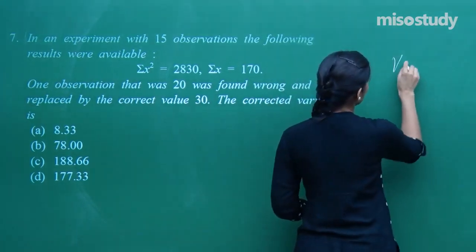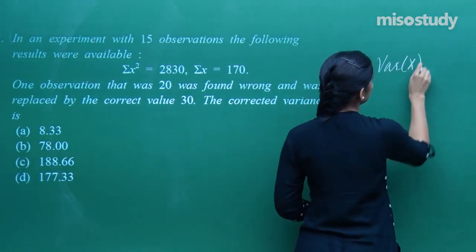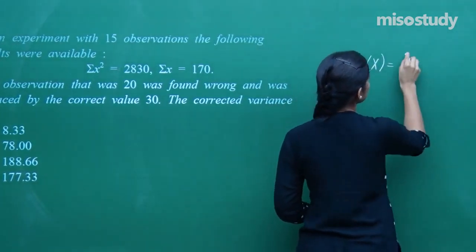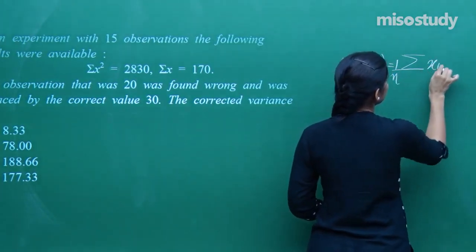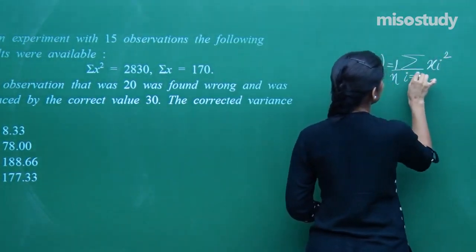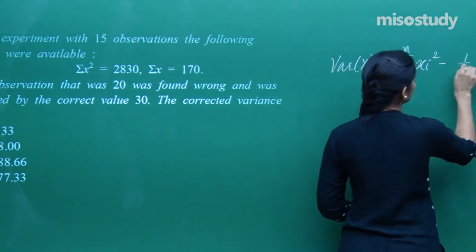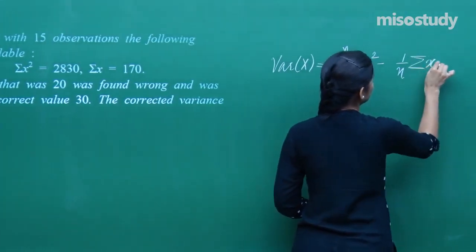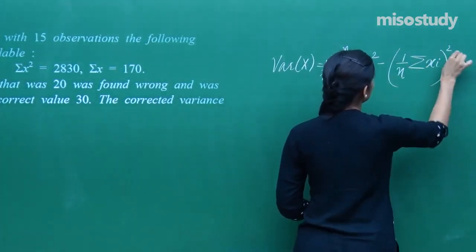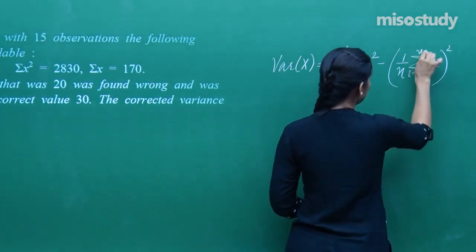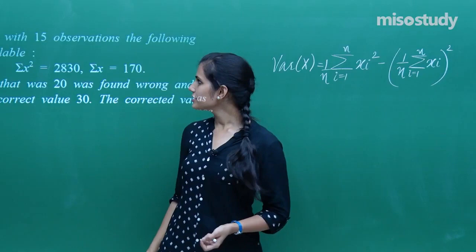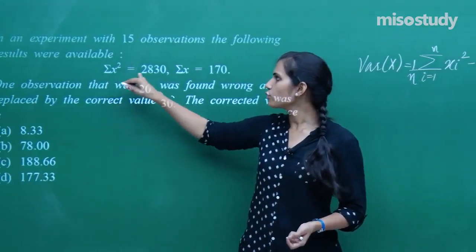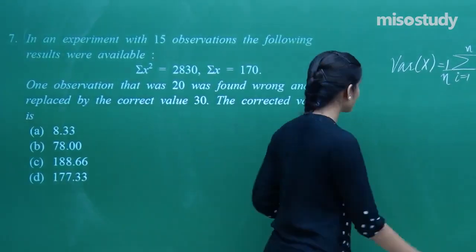Now variance is what? Variance is 1 by n summation xi square minus 1 by n summation xi whole square. It was given that 15 observations are there and the sum of square of those observations is this.